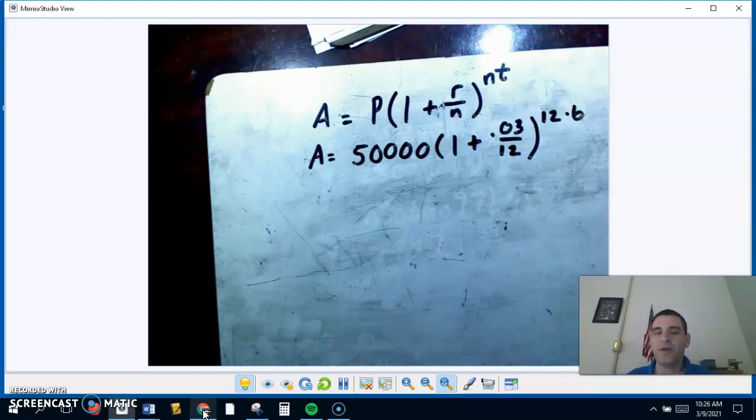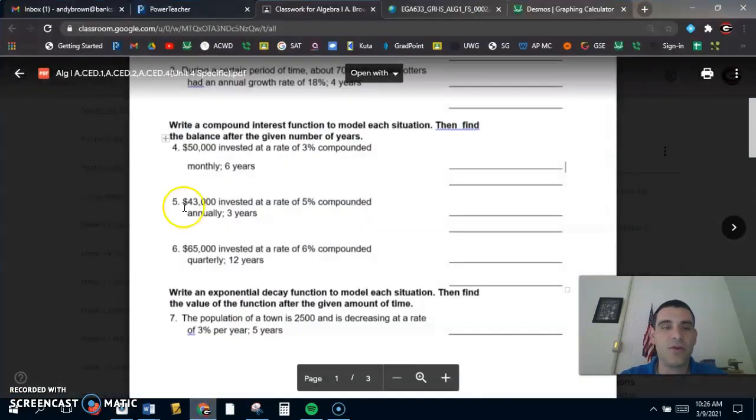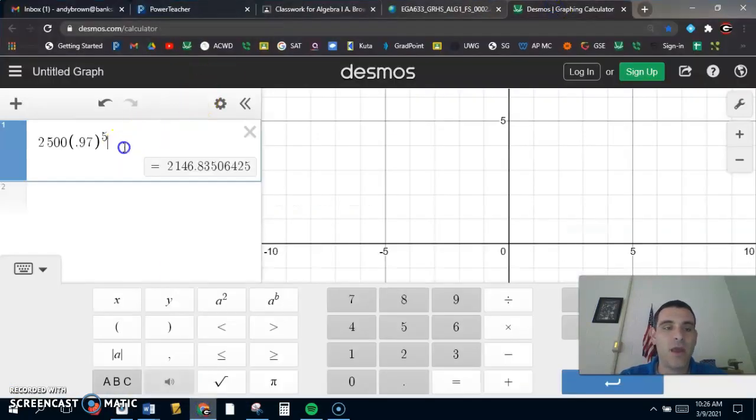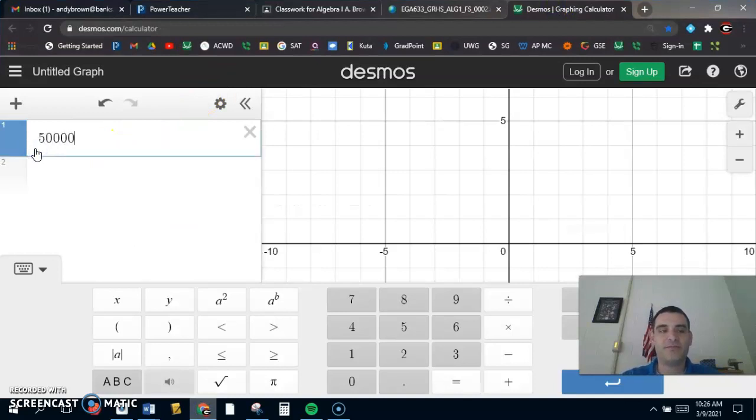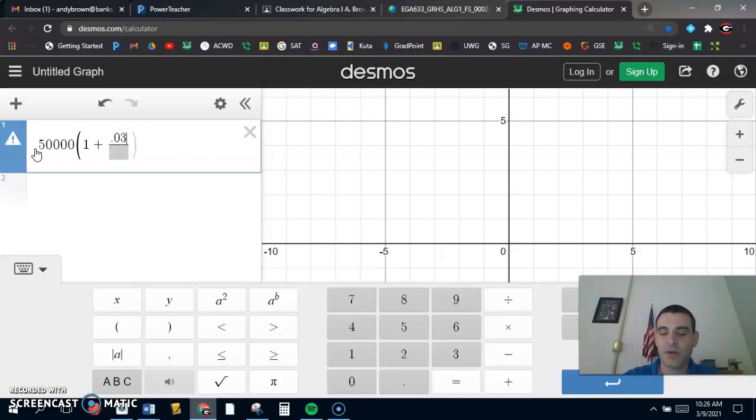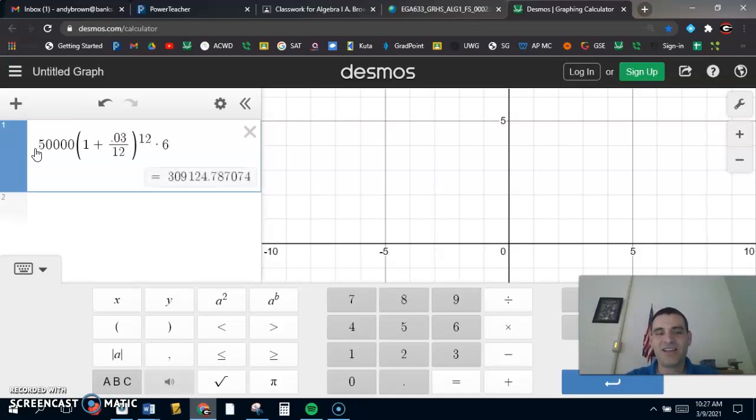So we're going to apply this. We're going to see what Desmos tells us, and remember, we should get a number larger than 50,000, but not incredibly more than 50,000, or something's wrong with our figuring here. So I type in 50,000, 1 plus 0.03 divided by 12. A little trick in Desmos, again, Shift 6. If you just say 12 times 6, notice that it kicks the 6 out of the exponent.